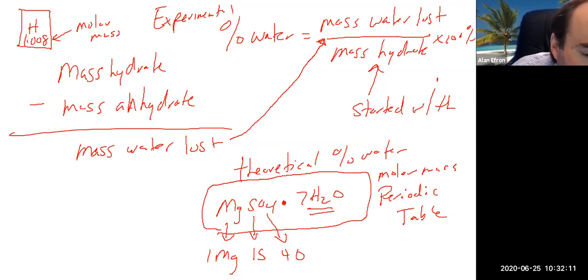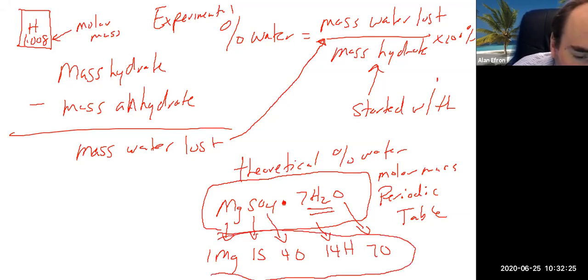You need to include that in your molar mass. So that means that there are 14 hydrogens that are there. That also means that there are 7 oxygens. So you basically need to go to the periodic table. You need to add up all those parts, and that will give you the molar mass of your hydrate.